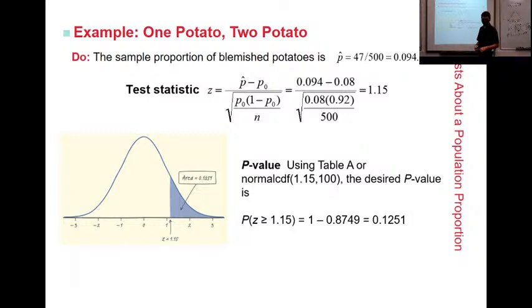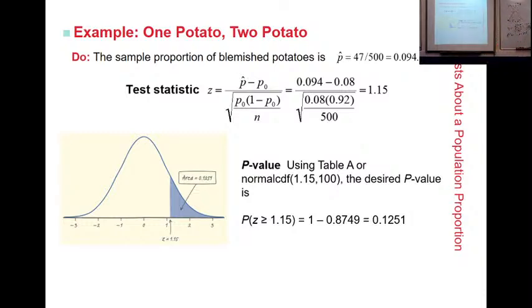Step 4. We're going to write our same sentence that we've been writing down in any conclusion. So what was our alpha level again? It was 0.1. So this p-value is, fill in my blanks here, p-value is greater than my alpha level.